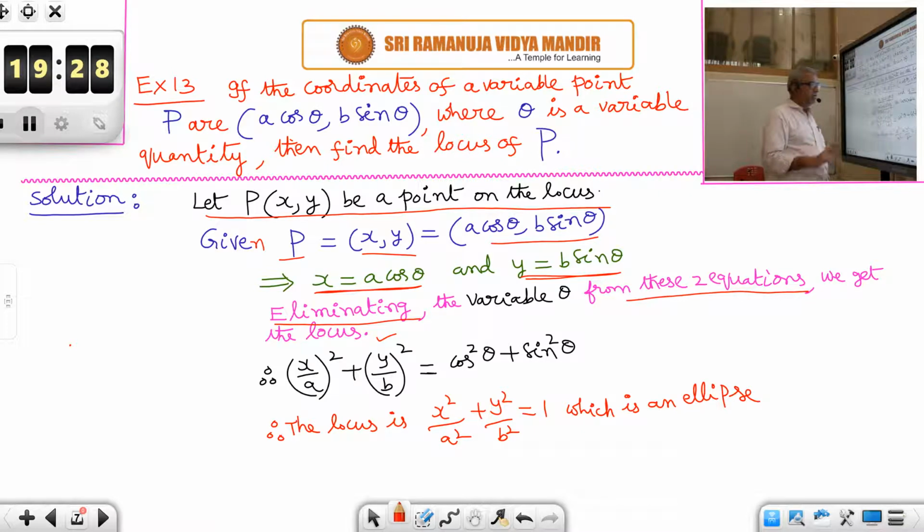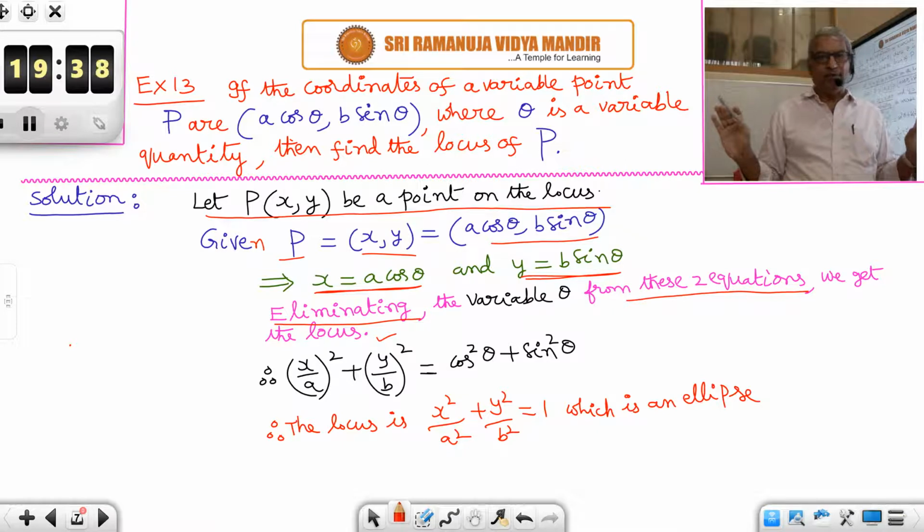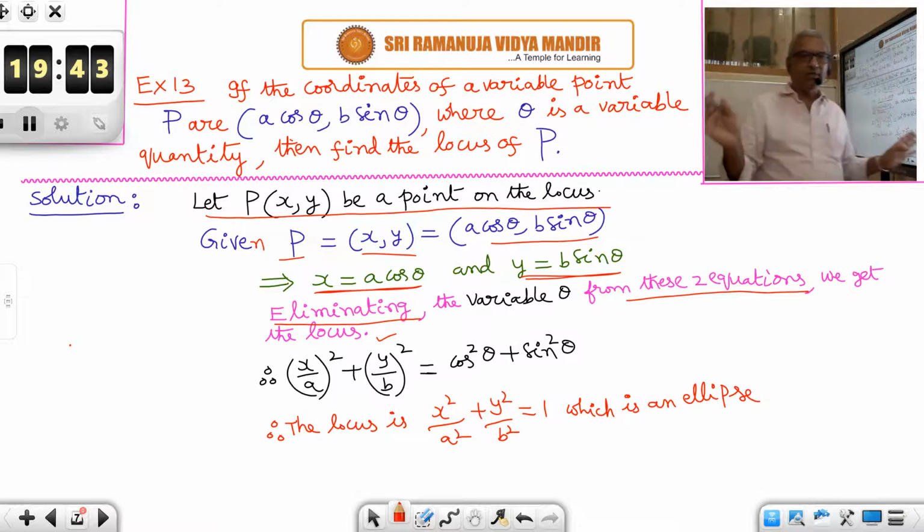These are two equations. From these two equations, we have to eliminate theta. Eliminate theta means we should get an equation in which theta is not present. Theta is absent completely. So what should we do?